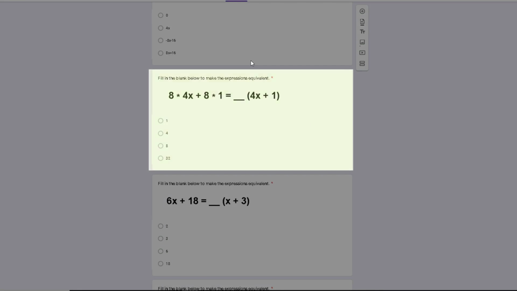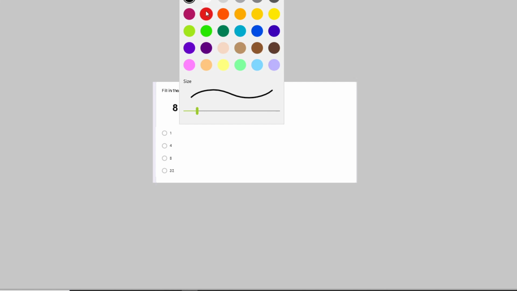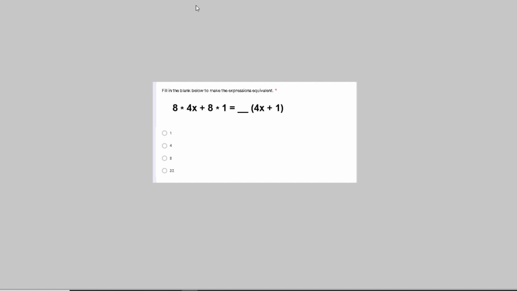Fill in the blank to make the expressions equivalent. So this is kind of a factoring question, but if you didn't understand factoring, you can think about it with the distributive property as well. Okay. So each side is the same. So we're trying to balance it out. What do we need to put here in the blank so that these are balanced?